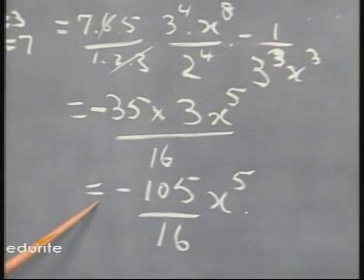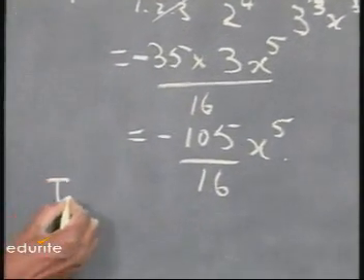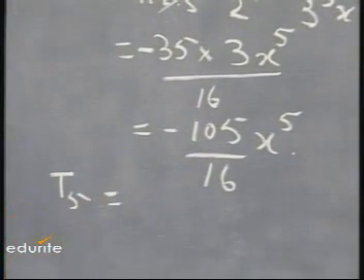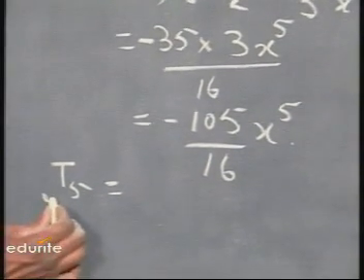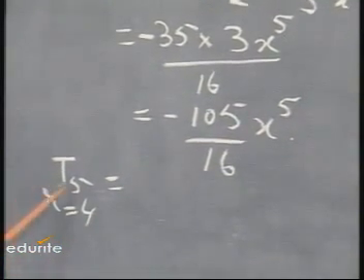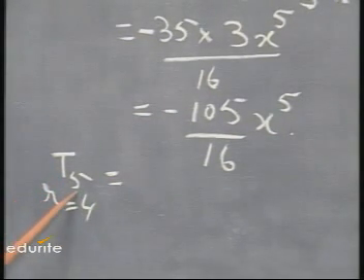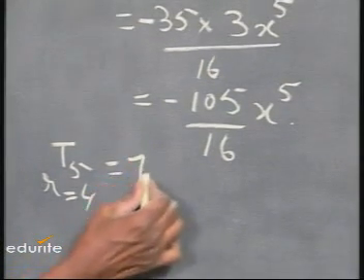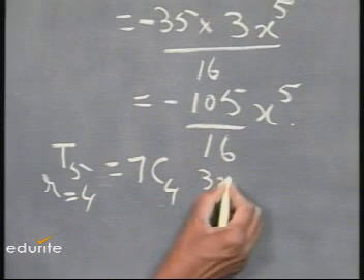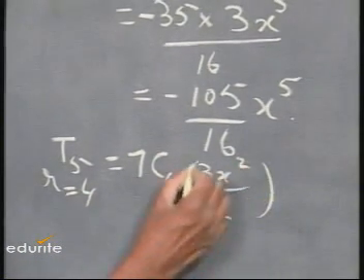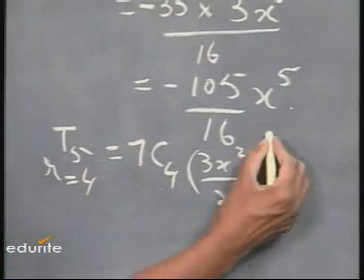Now in the same way we have to find the 5th term. We'll just write down the expression for the 5th term, which will be nCr. In this case r is going to be equal to 4, because this stands for the (r+1)th term. So if r is 4 and n is equal to 7, we get 7C4, first term (3x²/2) to the power of n minus r, that is 7 minus 4, that is 3.